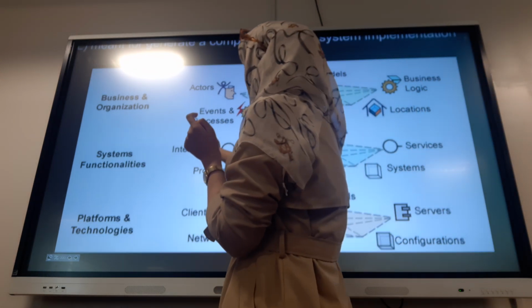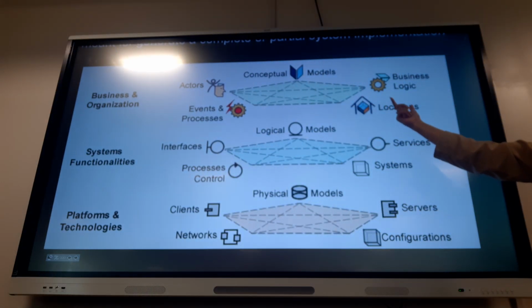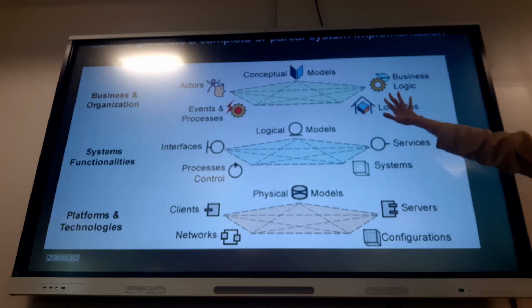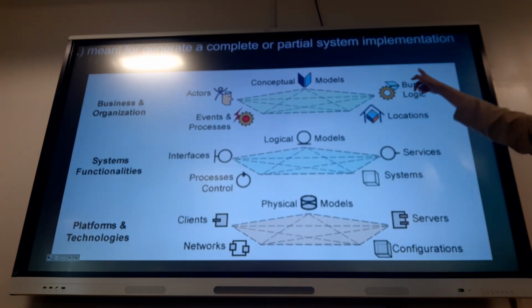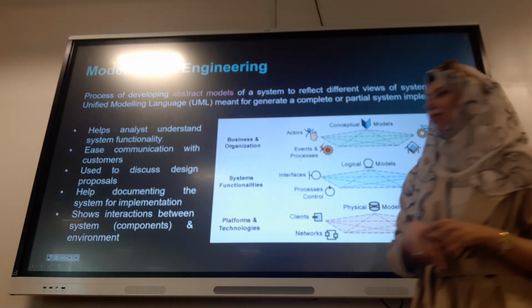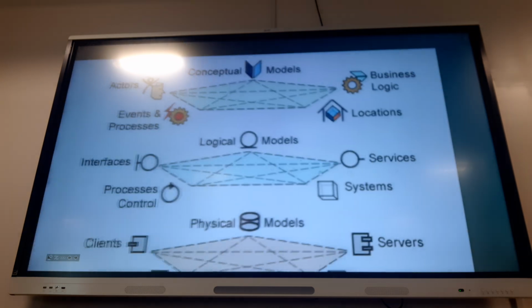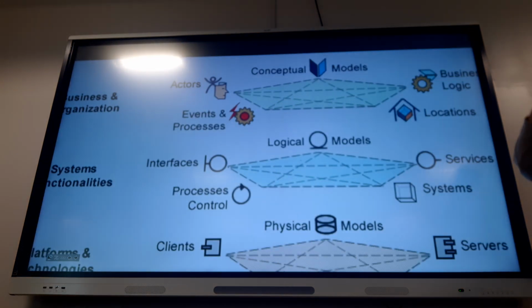Mostly here, we have all the actors involved. We get to know more about the location. So my resources, are they on site? Are they working remotely? We discussed this case previously, remember? We look into the business logic, and we look into what process we will follow, the process and the type of events taking place. So that's our highest level. Let's make it a bit more detailed. Now this is the logical layer.